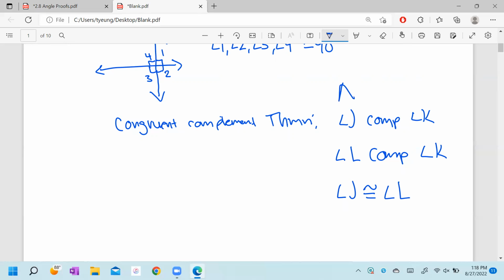If A is equal to B, B is equal to C, then A is equal to C. So this is like your transitive property in effect here.